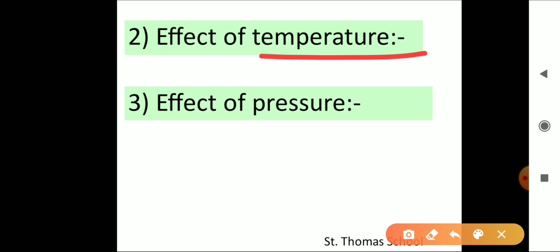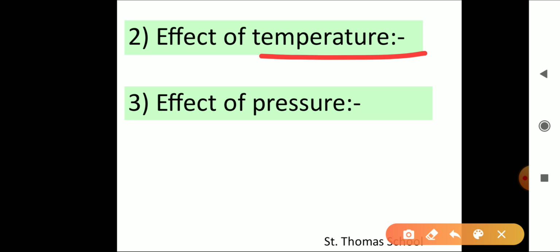In an endothermic process, there is absorption of heat, so solubility increases with increase in temperature.